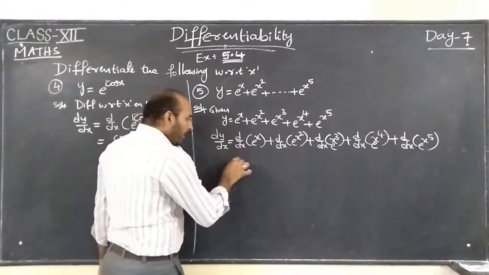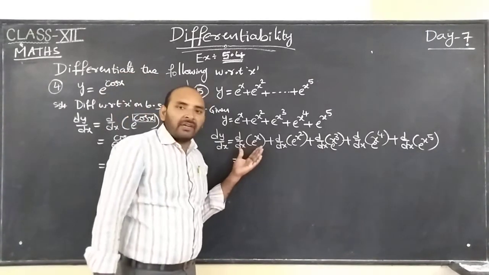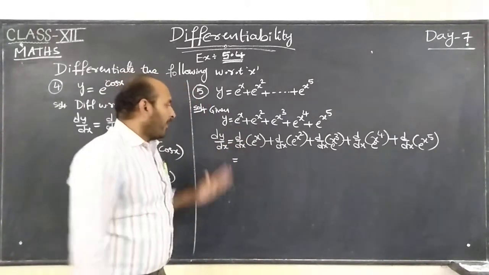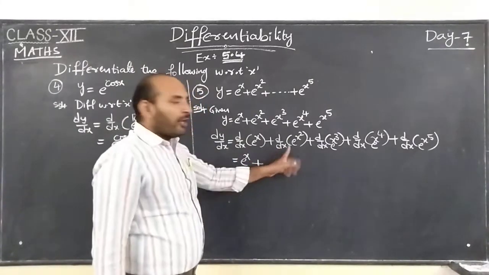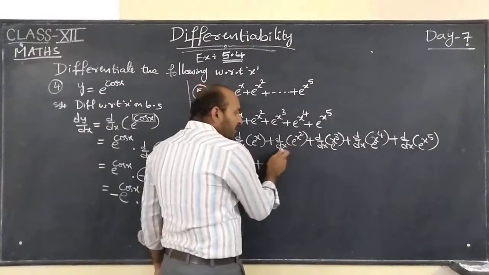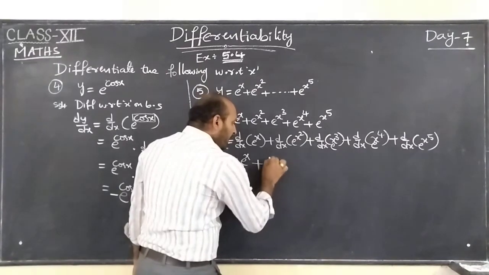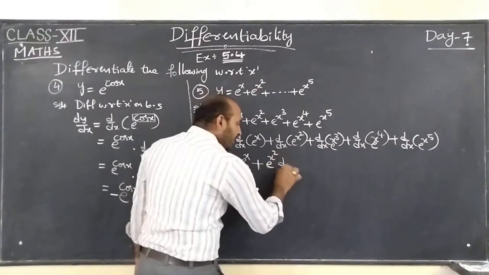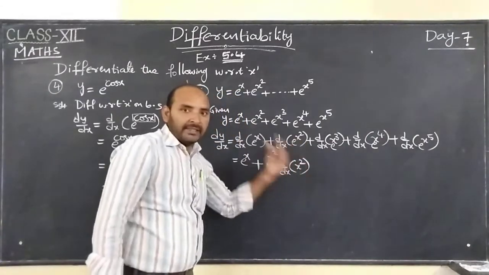So it is equal to the derivative of e power x. This is the direct standard form, so it is e power x, plus the derivative of e power x square. It is not in the direct form. Derivative of e power x square is e power x square and the inner function d by dx of x square. Chain rule, apply chain rule again.